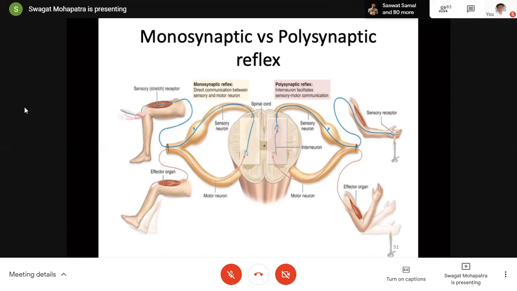So doctor, what he does, he strokes your knees and you jerk your foot. And how does this happen? By the help of a monosynaptic reflex.